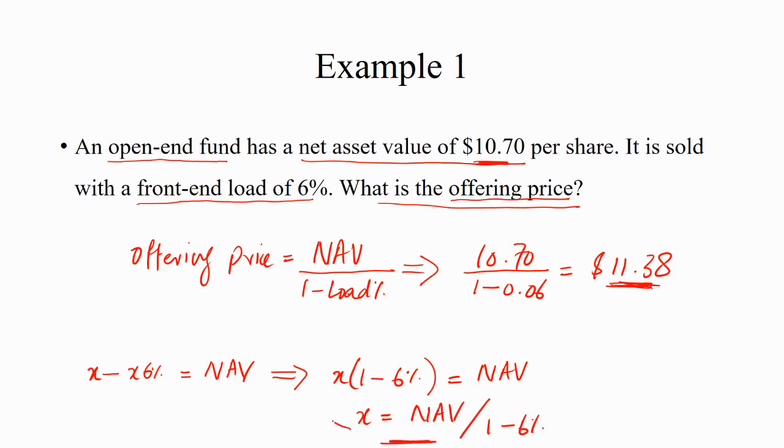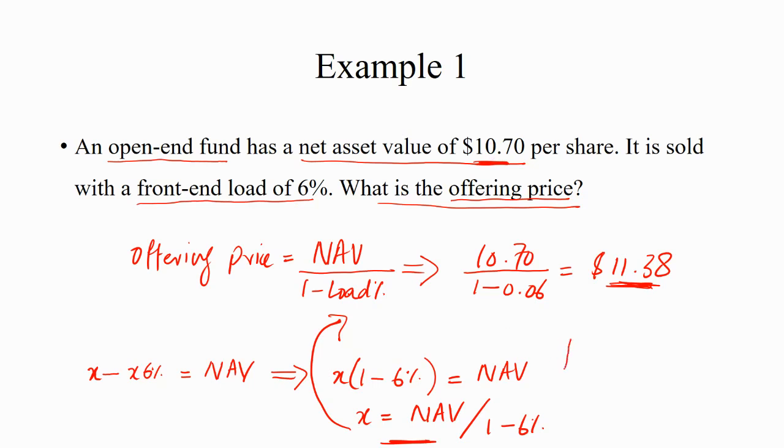So you can see we are getting the same formula which I wrote earlier. So this is the logic behind finding the offering price. Whenever we subtract the load percentage from the offering price, we should get back our net asset value.